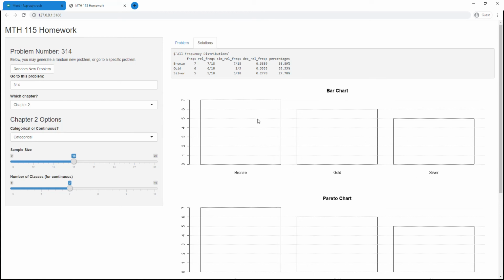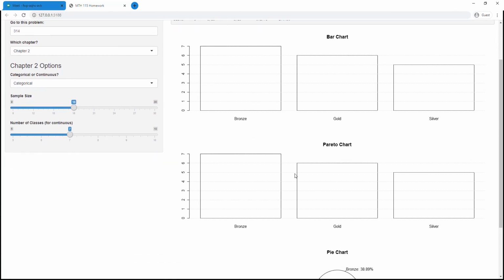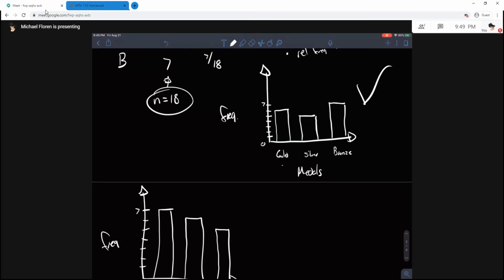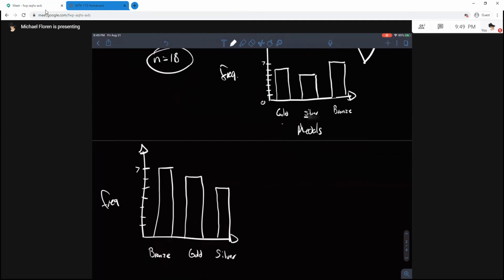So the computer's order here is actually just as correct as my order is in my bar chart. Both of those are A-OK. So in this bar chart, they have gold, which goes up to 6, silver, which goes up to 5, bronze, which goes up to 7, and they have the spaces, so I did that bar chart correctly. The Pareto chart goes bronze, then gold, then silver, so I did that correctly too.